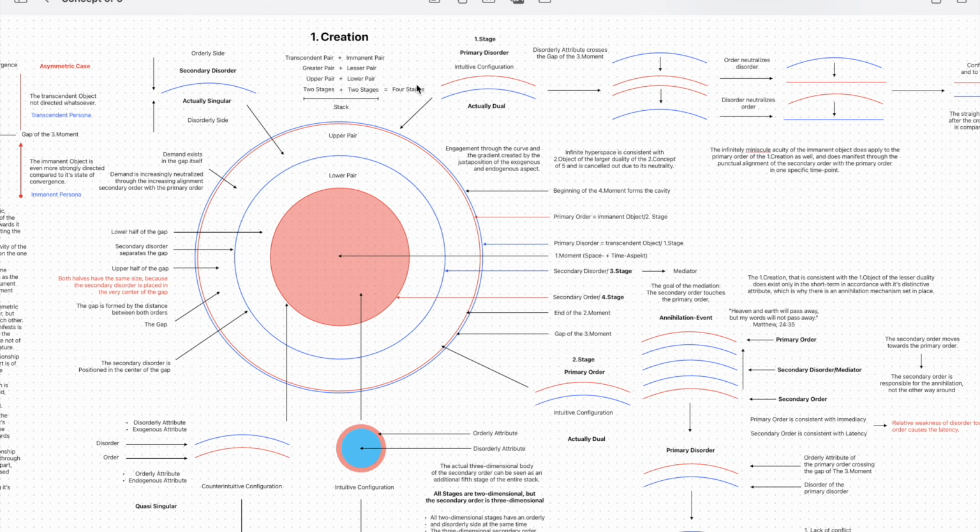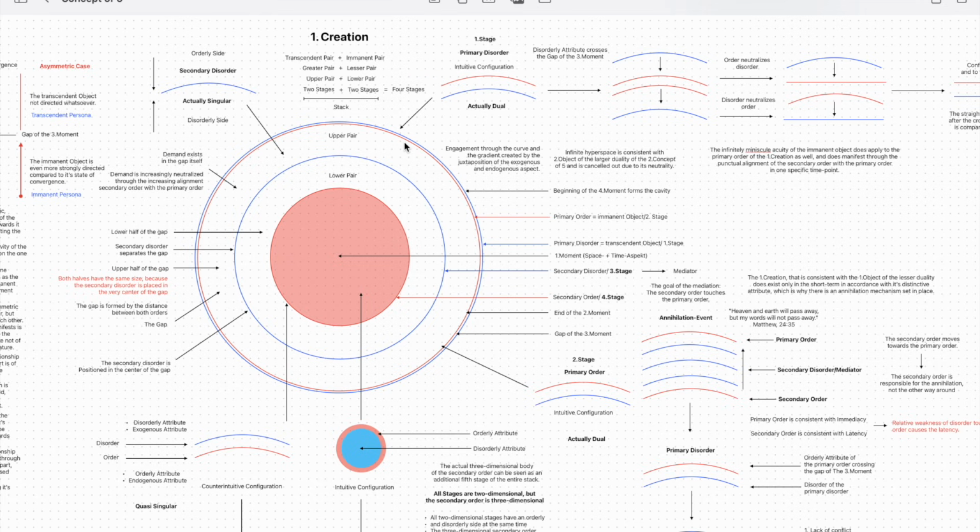The primary disorder, marked in blue, forms the actual cavity within the infinite hyperspace, is consistent with the transcendent object of the second concept of 5, while the inferior, adjacent, primary order, marked in red, is consistent with the immanent object of the second concept of 5, in the very same manner in which only the two directly juxtaposed objects of the second concept of 5 are being considered after the neutralization of the second object of the larger duality due to its neutrality.